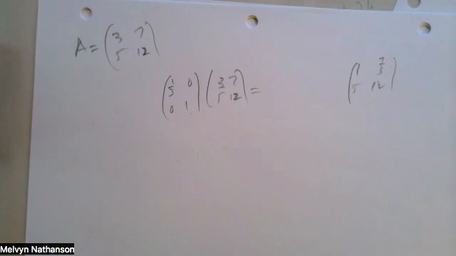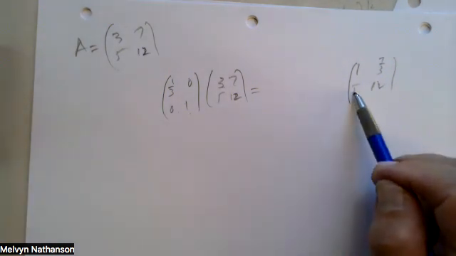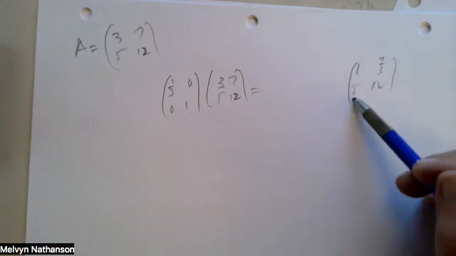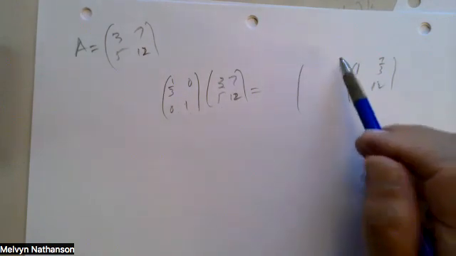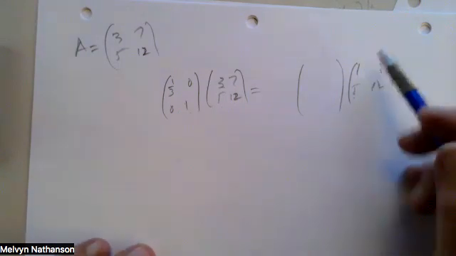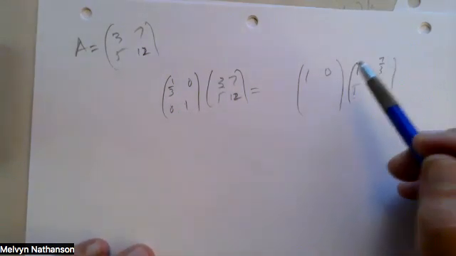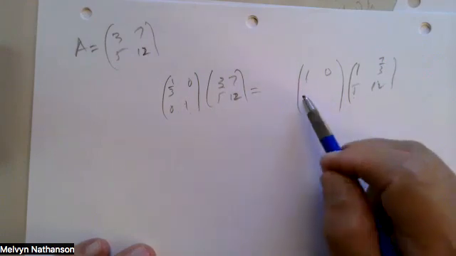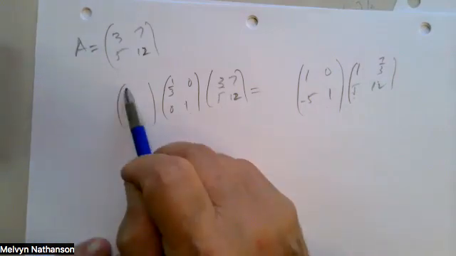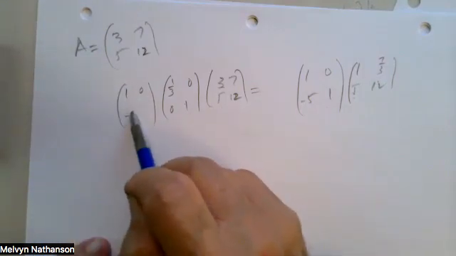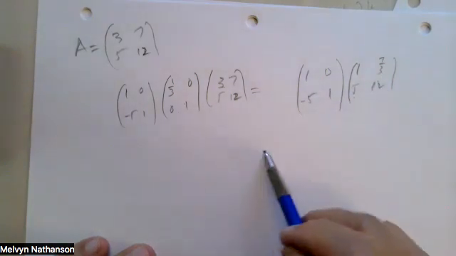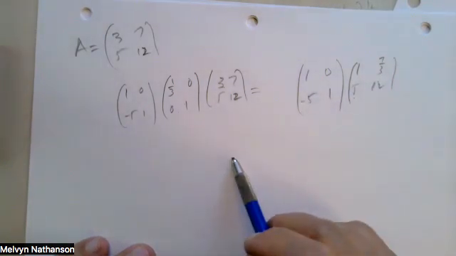Right? Then I want to get a 0 here. So I want to multiply the first row by -5 and add to the second row. So if I take the elementary matrix, so let me do that to the identity. If I have the identity, if I take the first row times -5 and add to the second row, that's what I get. So I'm multiplying 1, 0, -5, 1. Right? So when I do this, what is it that I get?